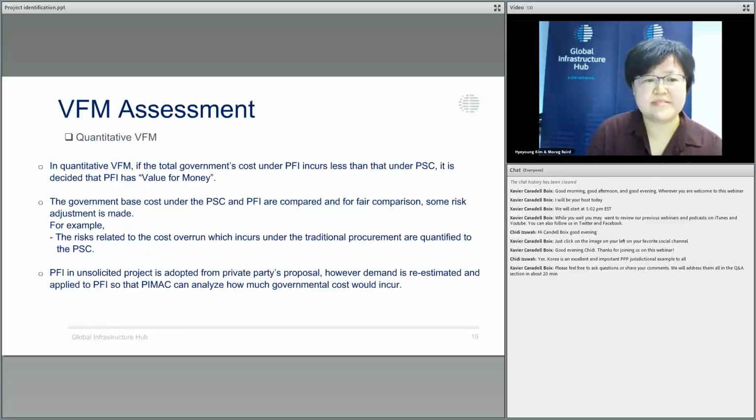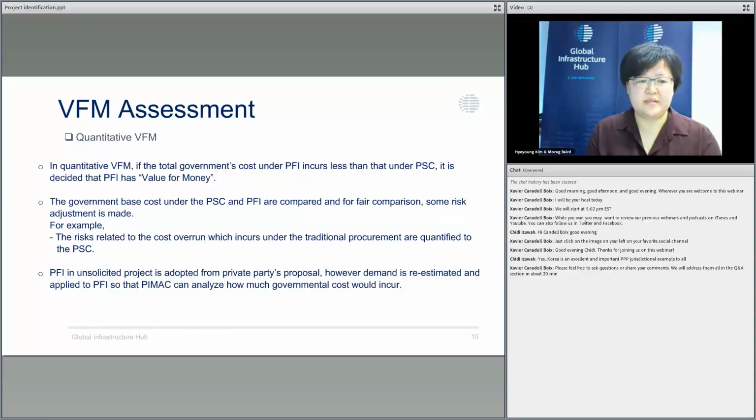In the VFM assessment, we conduct quantitative VFM, and also qualitative VFM. In the quantitative VFM, we compare the government cost under PFI and under the PSC. If the total government cost under PFI is less than that under PSC, it is decided that PFI has value for money.